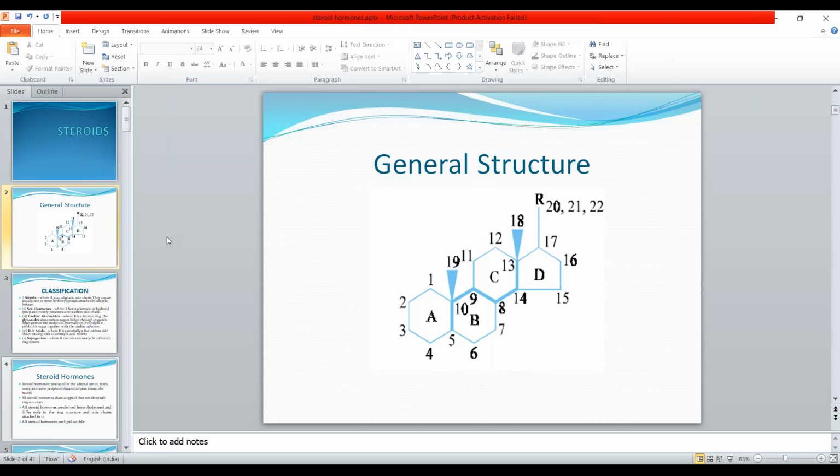They are called mycosterols. When we study the chapter on antifungal agents, we will see that the exact difference between the type of steroid present in fungi and the type of steroid present in human cells is going to help us in designing antifungal agents. Okay, so keep this in mind.